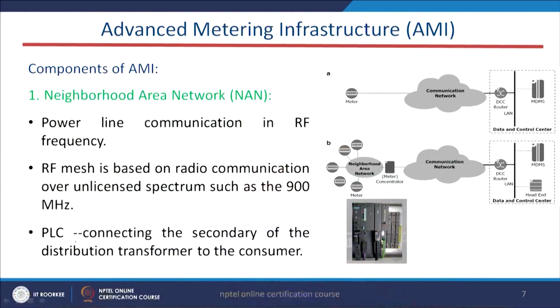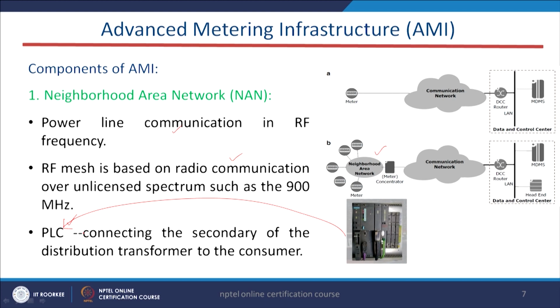Now, I will come to the function of this NAN. This NAN is a communication infrastructure, and it may be power line communication type, or radio communication type, or it may also be PLC. The PLC stands for programmable logic controller. Okay. The PLC looks like this.